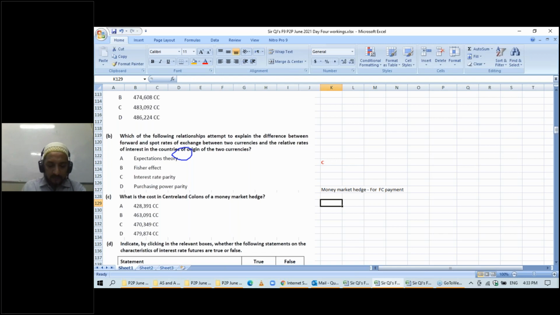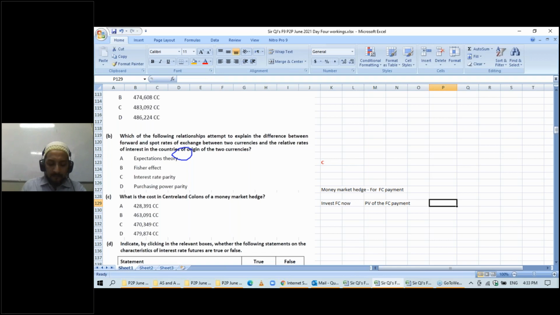So step one for the money market hedge, invest foreign currency now. For this, we will calculate present value of the foreign currency payment.